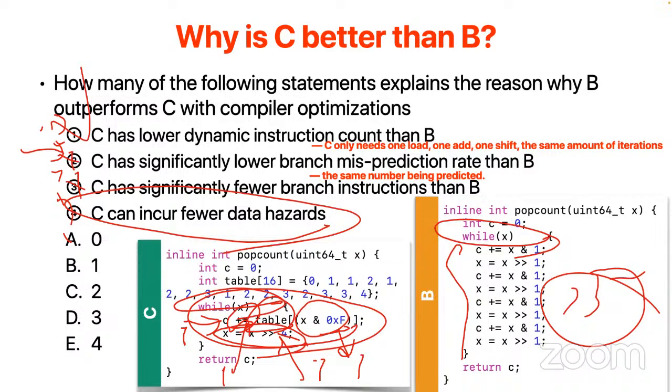But with this one, if your table is small enough, we can put it in a cache, and each access takes 4 cycles on a cache hit. Some of you might argue that 4 cycles sounds longer than this, but if we have good instruction level parallelism.